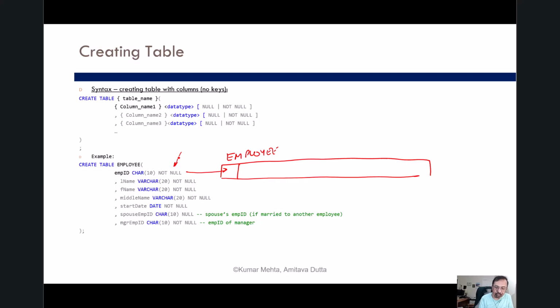So not null. Next column is last name, and I'm also specifying it not null, meaning for an employee to be added to the database, I must know the last name. I cannot have a null value for the last name. I cannot have a null value for the first name. And this is very interesting, the middle name over here is also specified as not null. And we know that not everybody has a middle name.